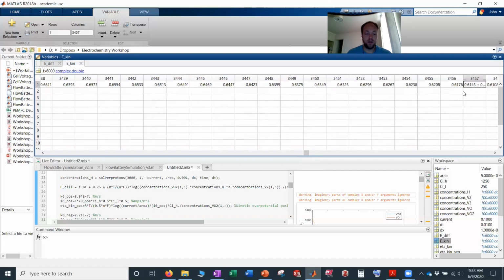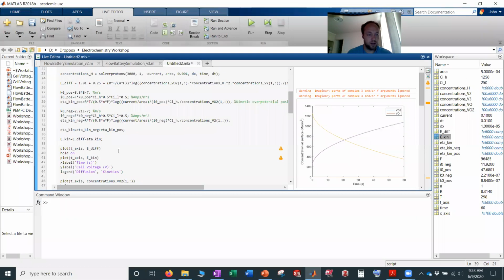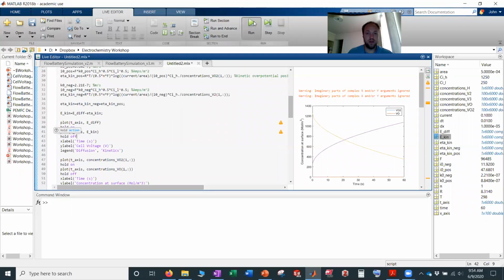Yeah, 3457, I think that's the same number. All right, so why are you not liking to plot this then? So E diff, E kin. Oh, it's because I didn't do hold off. Huh, that's interesting. Let's try running it again. So this is the plot. It just has everything built into one.